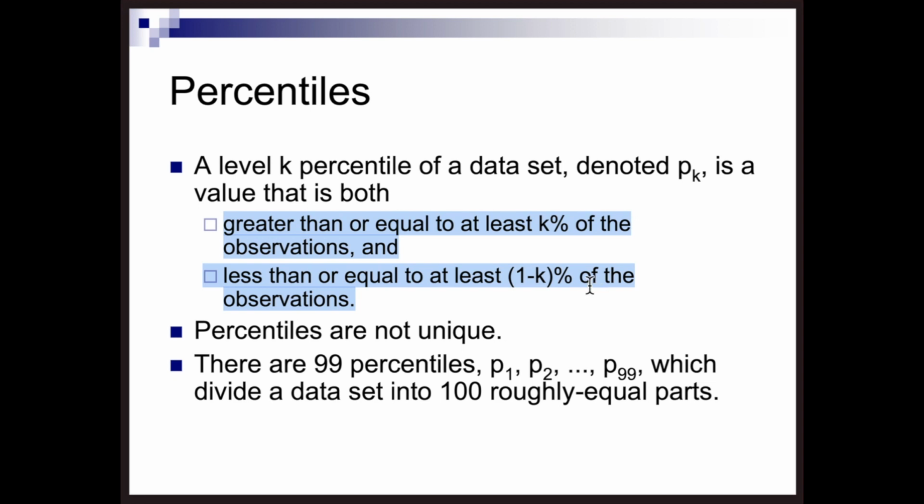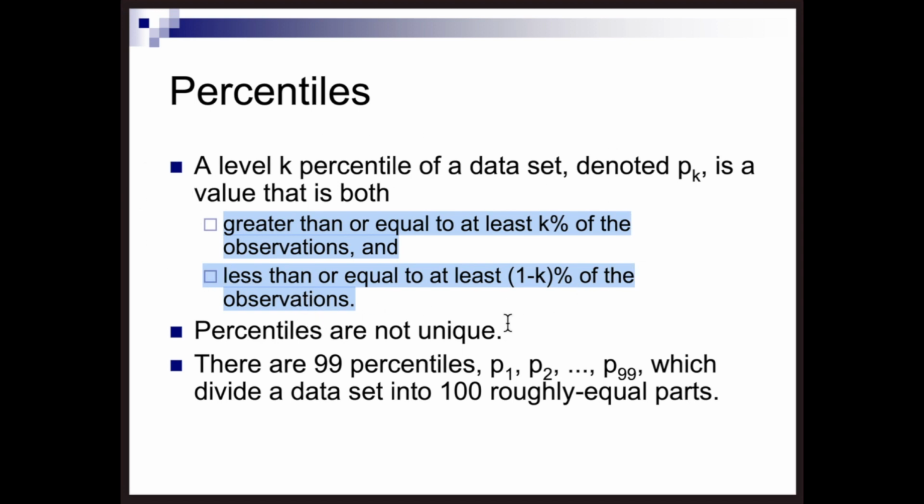So for example, if we were talking about the 10th percentile, p sub 10, that would be a real number that is greater than or equal to at least 10% of the data and less than or equal to 90% of the data. Let me also say this should look kind of familiar.